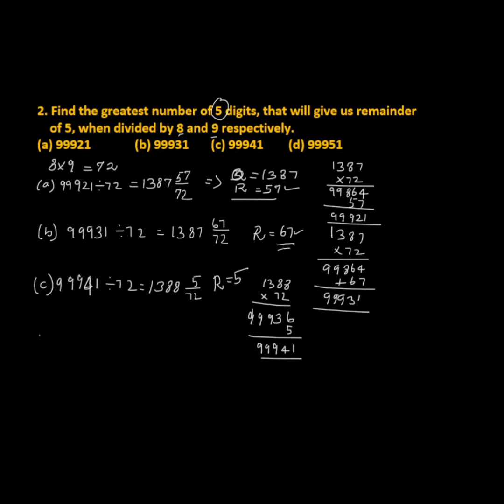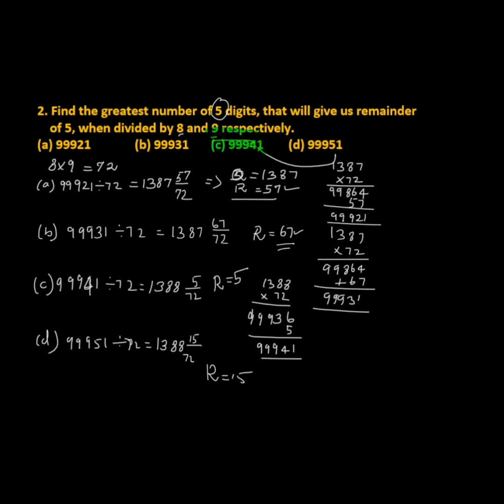For option D, 99,951 divided by 72, we will be getting the same quotient 1388, but 10 increased, 41 to 51, so the remainder also increases by 10. So here remainder is 15. So our correct option is C, that is 99,941. This is our correct option.